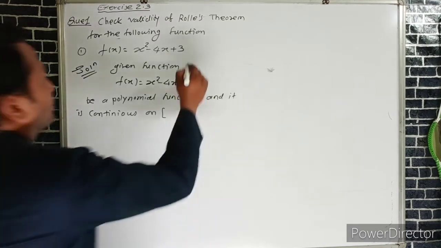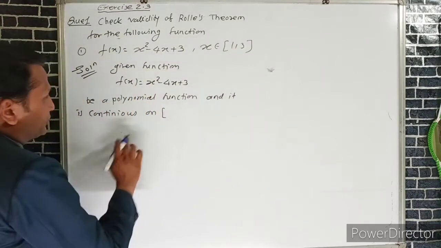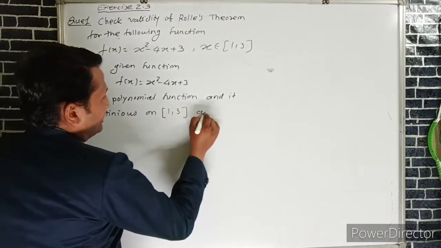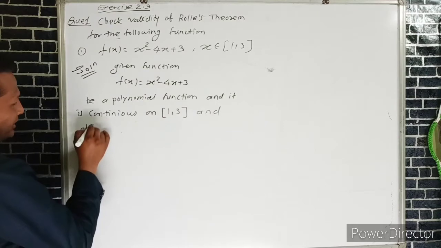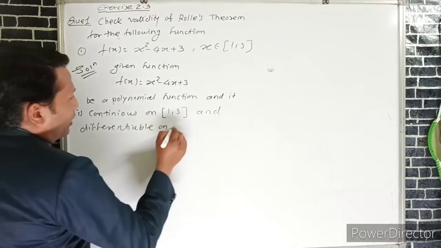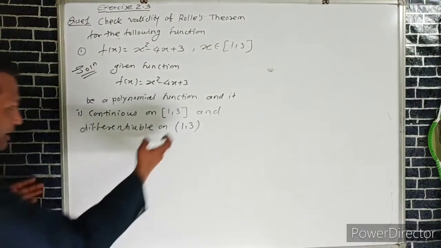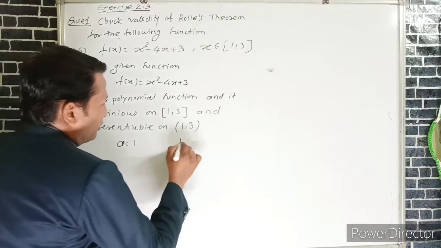Here the closed interval is given, x belongs to 1, 3, hence we can write continuous on [1, 3], and differentiable on the open interval (1, 3). So here the value of a is 1 and the value of b is 3.